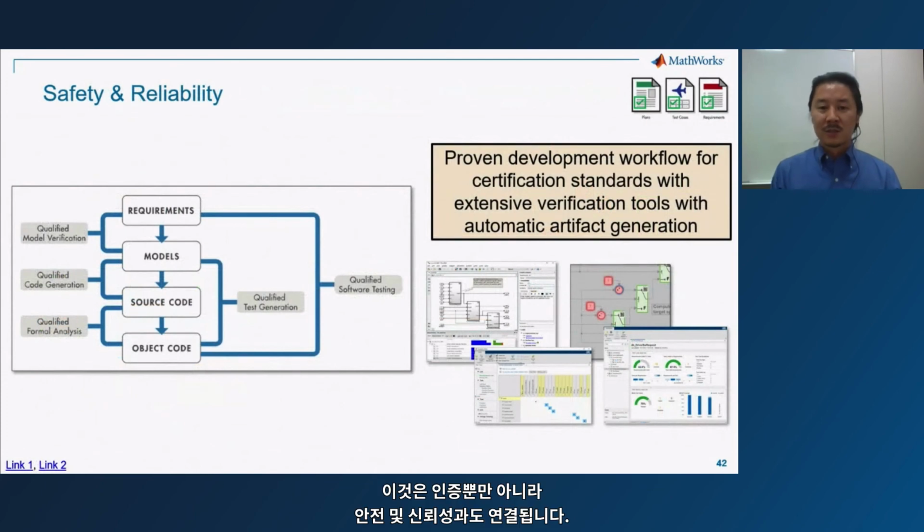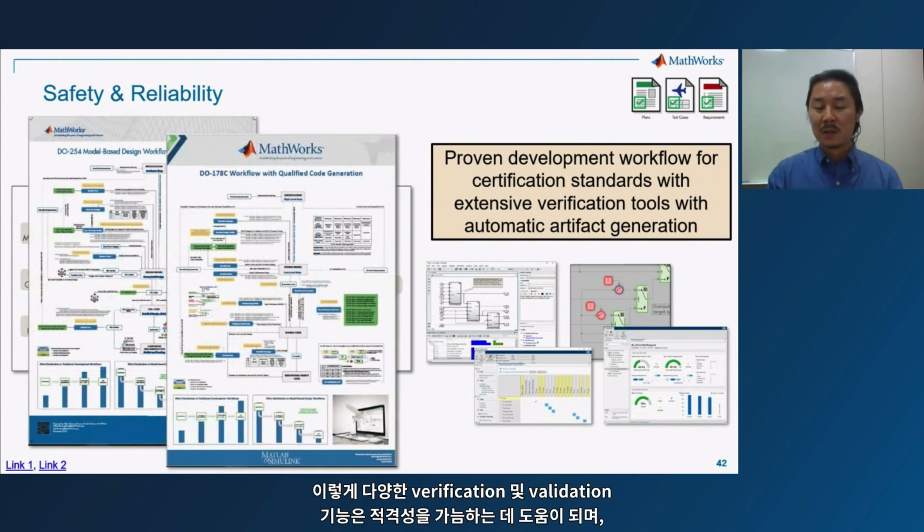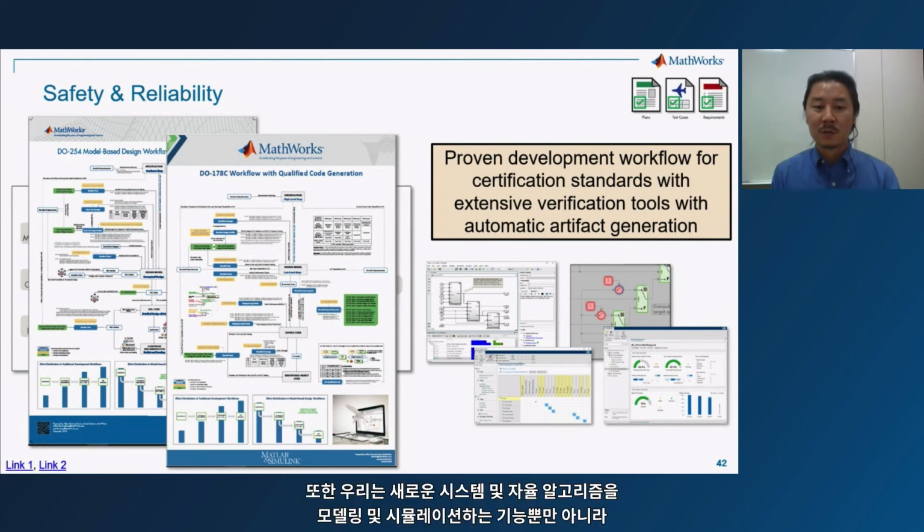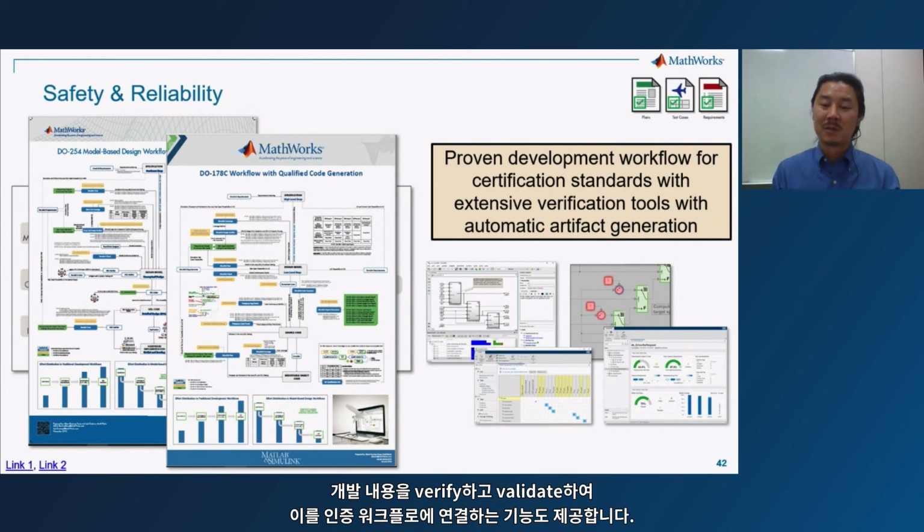This also connects to safety and reliability with certification as well. A lot of these verification validation capabilities are qualifiable and can be used within certification workflows as well, such as for DO 178 and DO 254. So again, we offer capabilities for not only modeling and simulating new systems and autonomous algorithms, but there's also capabilities to help you verify and validate what you develop and then connect that into certification workflows as well.